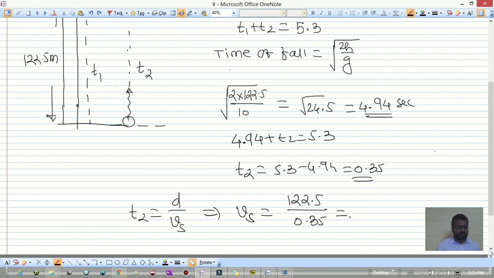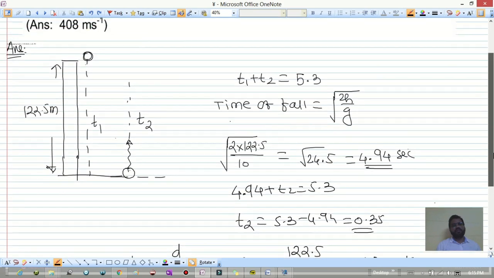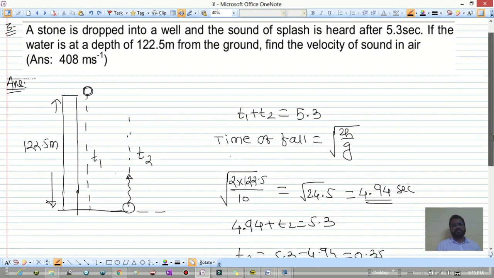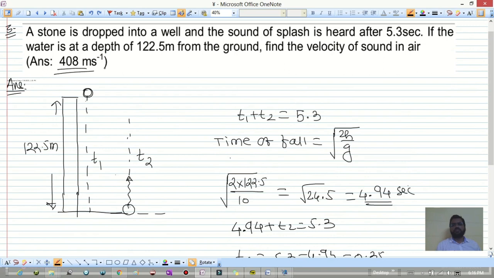If you just calculate 122.5 divided by 0.35, you will get 408.3 meter per second. So I hope this is clear. The answer for this is 408 meter per second.